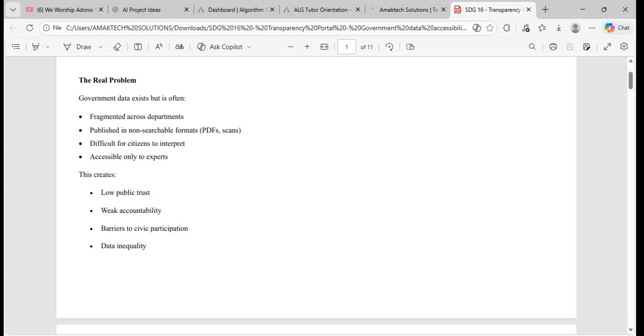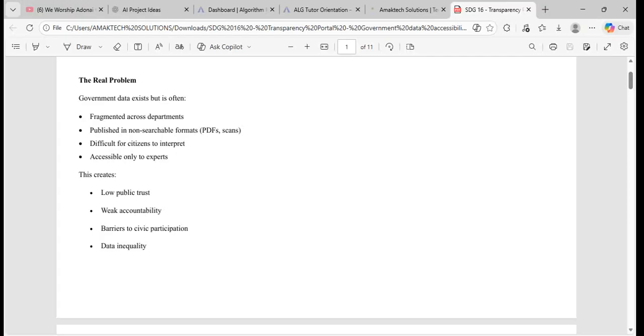This creates low public trust, because if citizens don't have enough data to analyze and see the performance and accountability of the programs that are being done by government institutions and entities, it brings less trust.